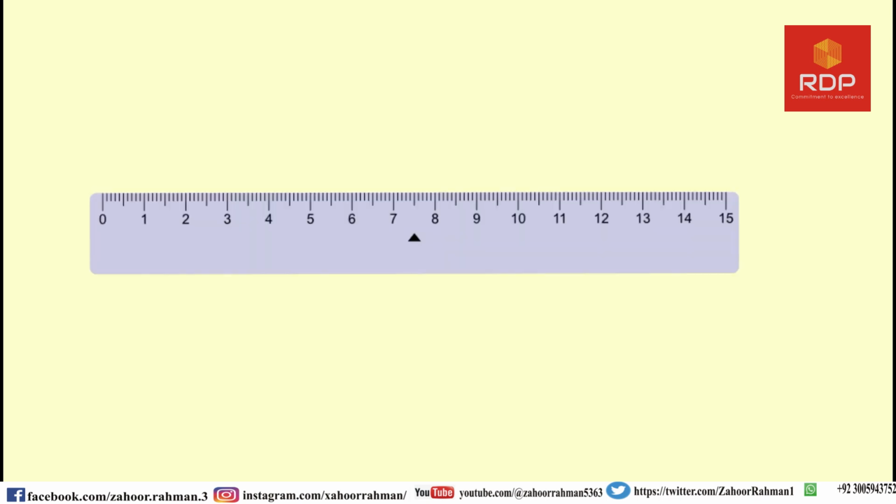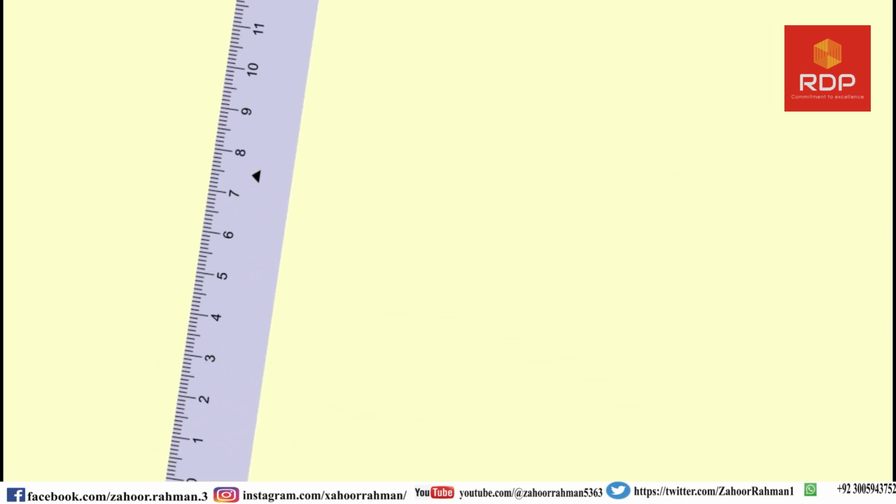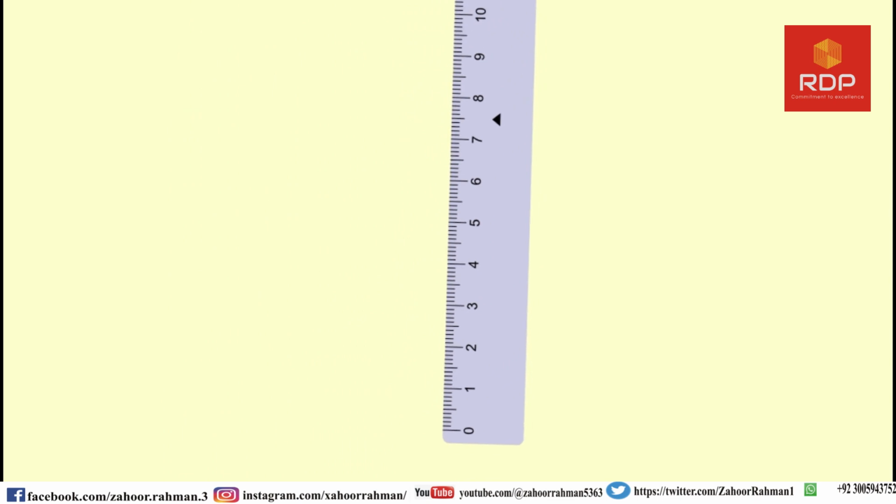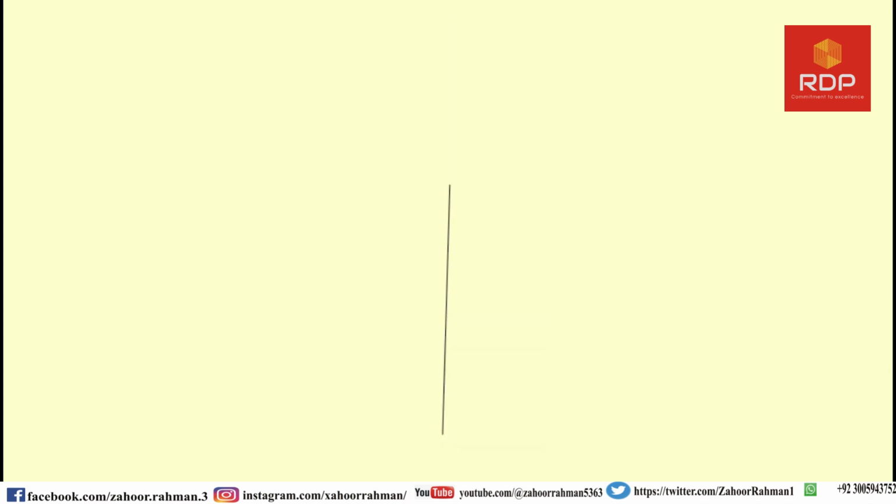So first job is to draw a diagonal first of the 6 centimeter. So let me draw it as 6 centimeter. Yes, it is here. So I am writing P and R. This will be P and this will be R.